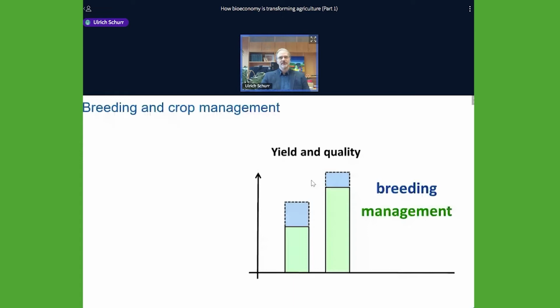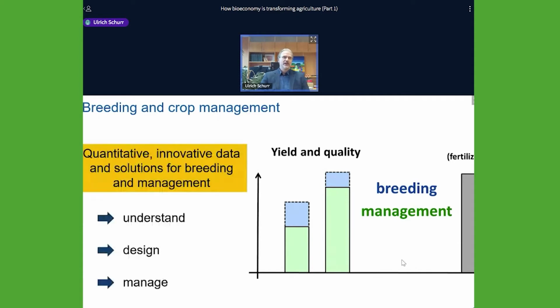We have two major options in agriculture to increase yield and quality and to address these issues: one is breeding, and the other one is management. With breeding, we have to increase the potential yield or the potential quality. And with management, we have to decrease inputs: fertilizer, chemicals, water.